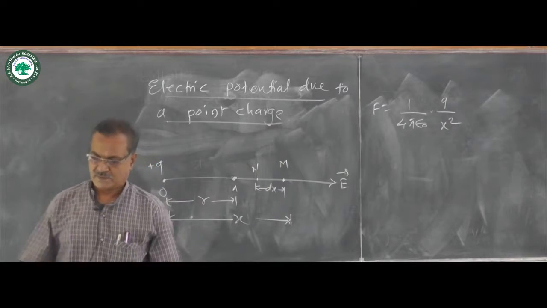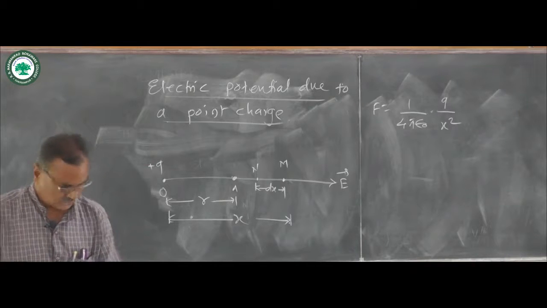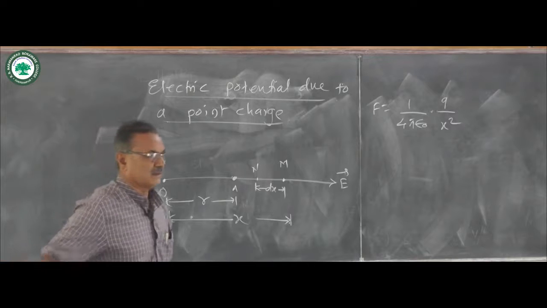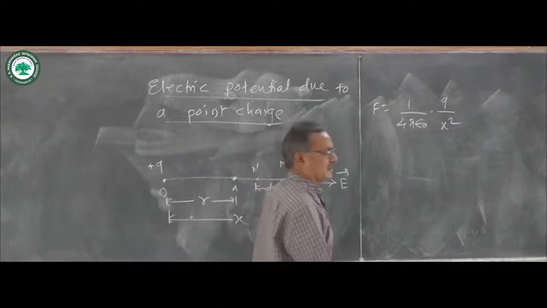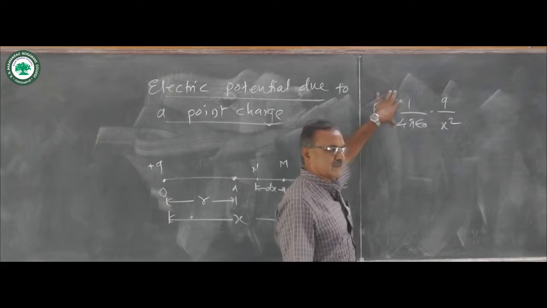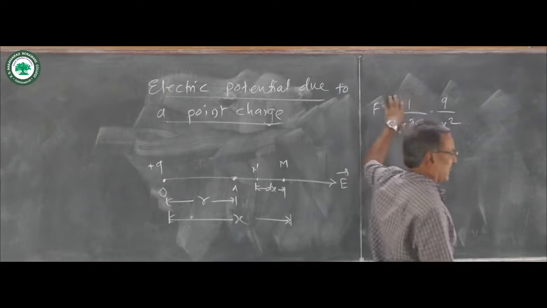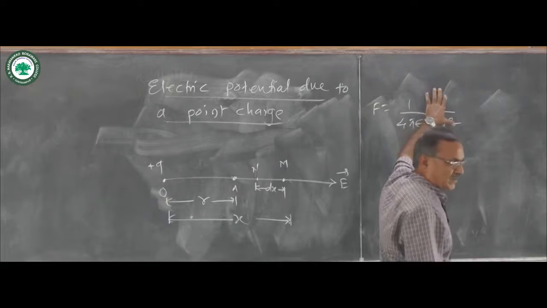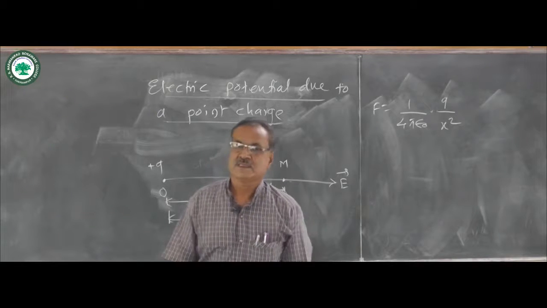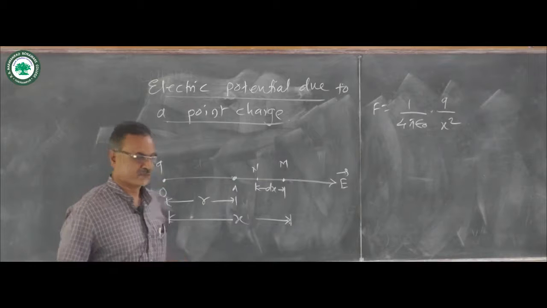According to the definition of Coulomb's law, the electrostatic force of attraction or repulsion is directly proportional to the product of magnitudes of two charges and inversely proportional to the square of the distance between the two charges.